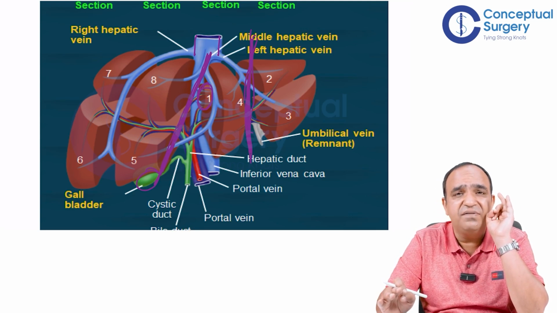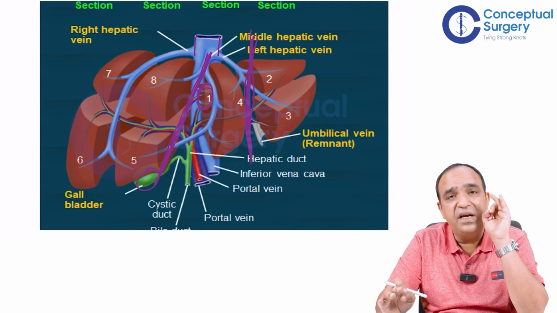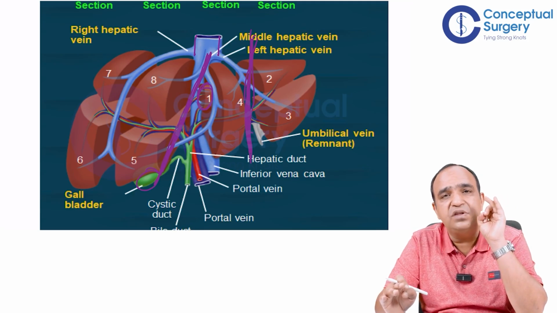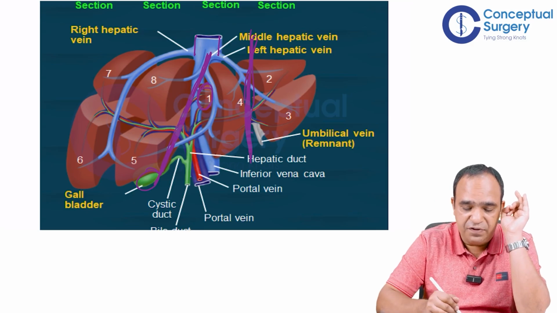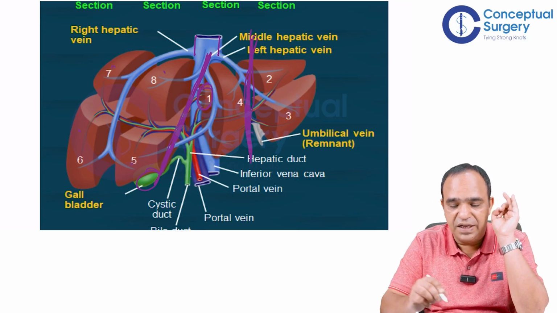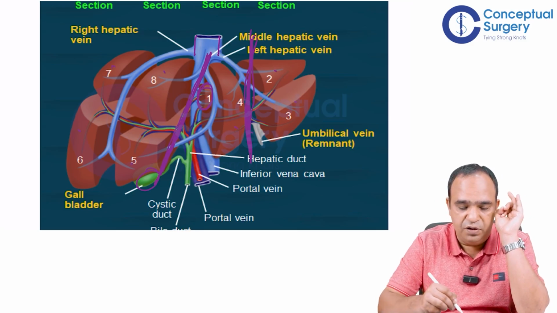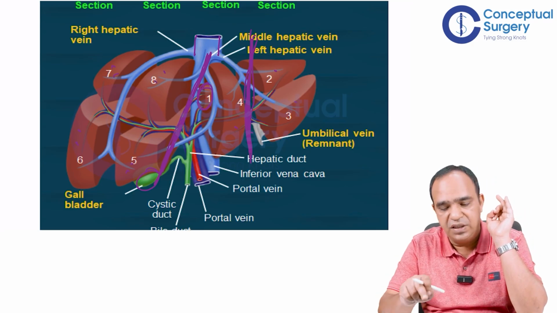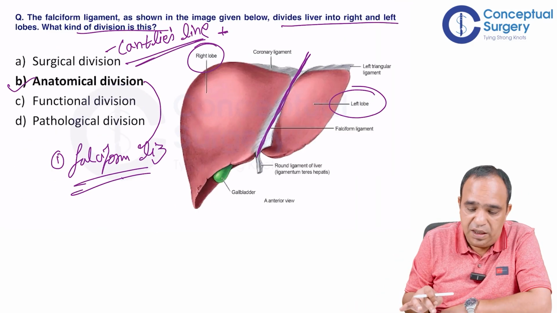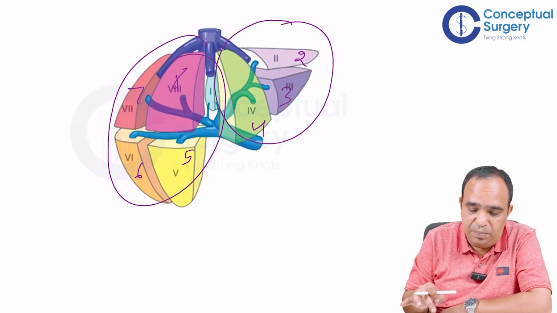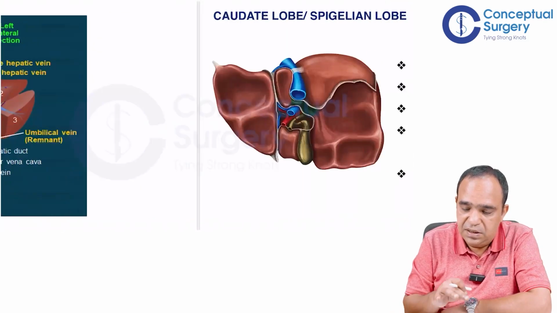And that divides the liver into right and left lobe, where the left lobe is segments 2, 3 and 4, whereas the right lobe is 5, 6, 7, 8. So again it goes clockwise, 2, 3, 4, 5, 6, 7, 8. So that completes a clock. Clear? Okay. And for the segmentation, you should know the marking of the segments.